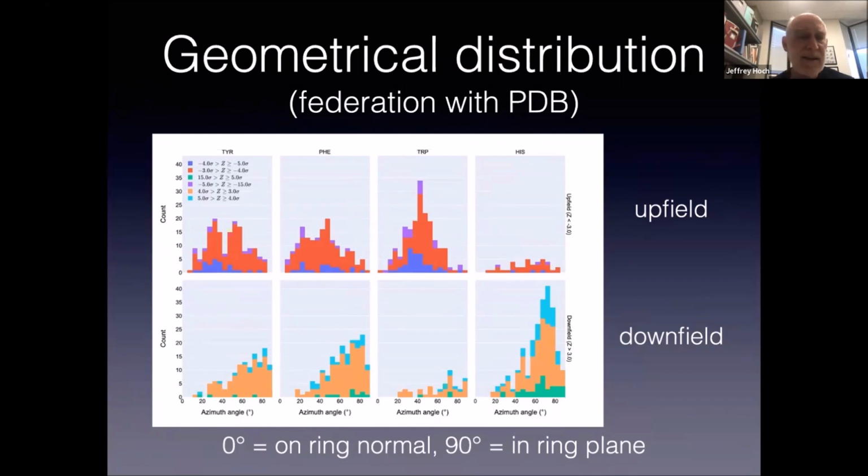Turns out that 25 degrees is the angle that you would get if the amide proton NH vector is pointing towards the ring, but is not aligned above the ring center. It's aligned above one of the atoms in the aromatic ring, which is quite interesting.